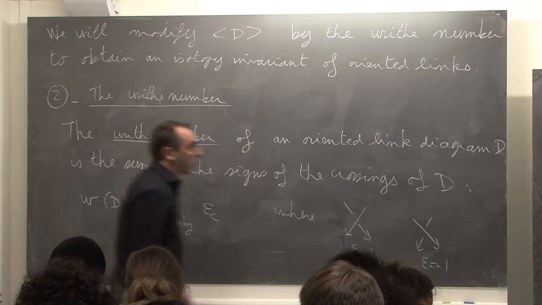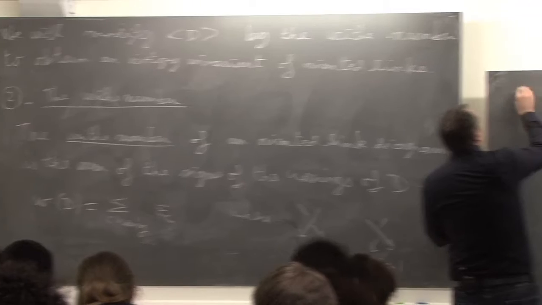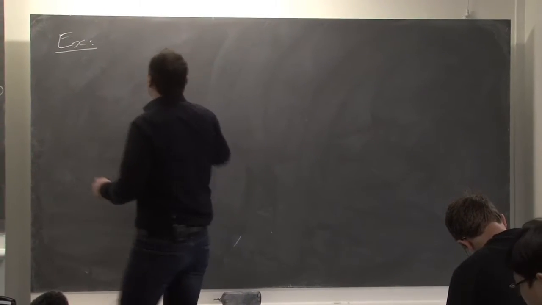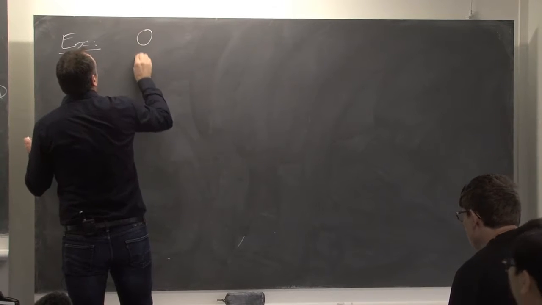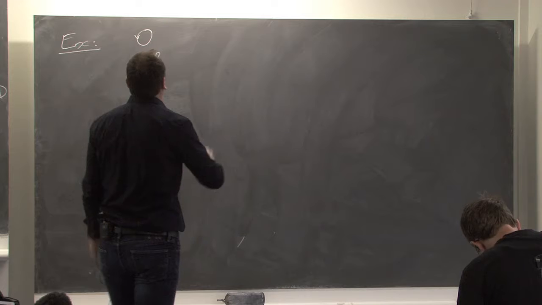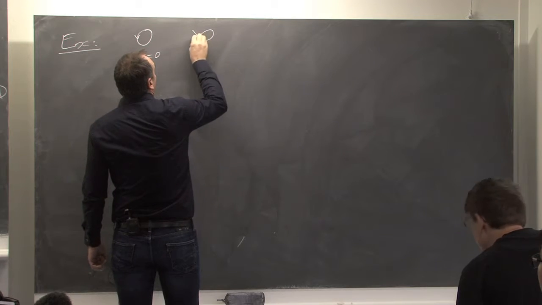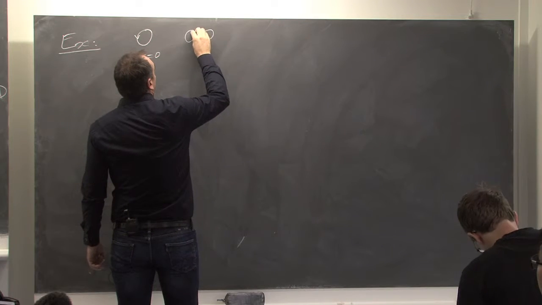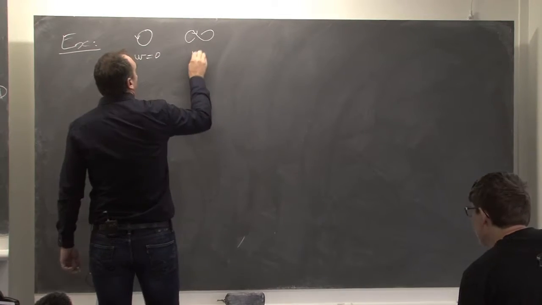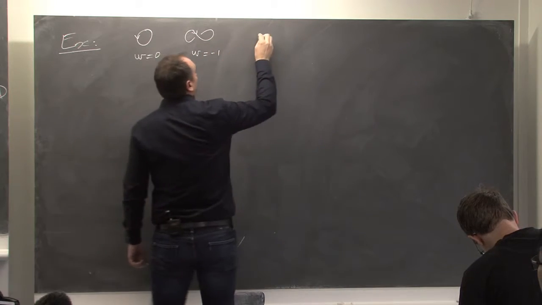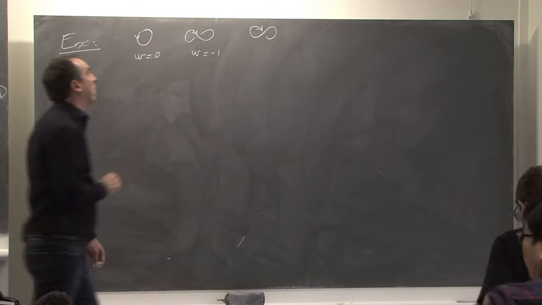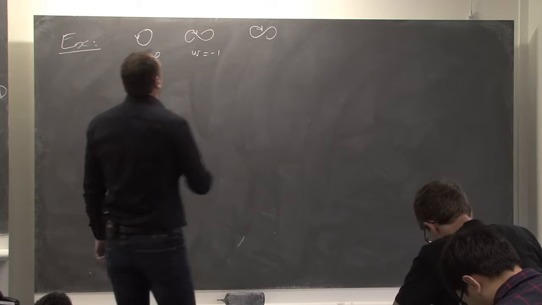Okay, so just for example. So here the writhe number is 0. So if I take the other one, for this one we have 1.